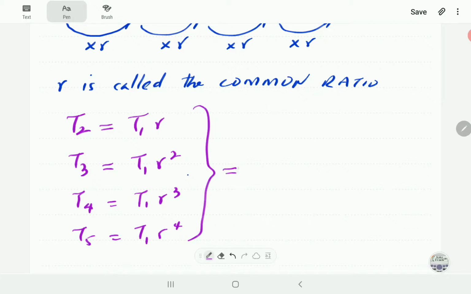From this, we notice that the power of r is always 1 less than the position of the term. So this means that Tn is going to be T1 times r to the power n minus 1.